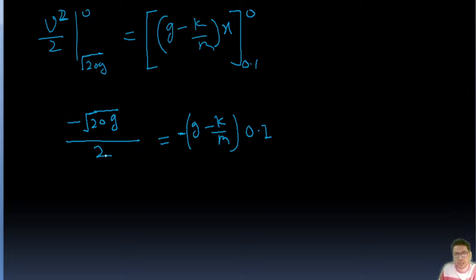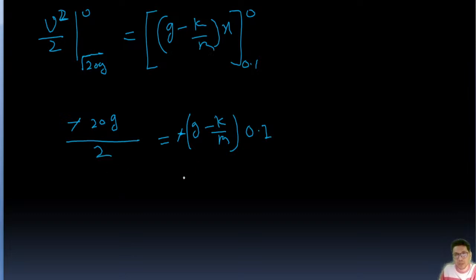This is v square, so the v square value is going to be minus 20, okay, minus will get cancelled.